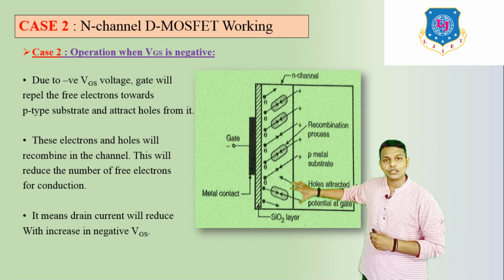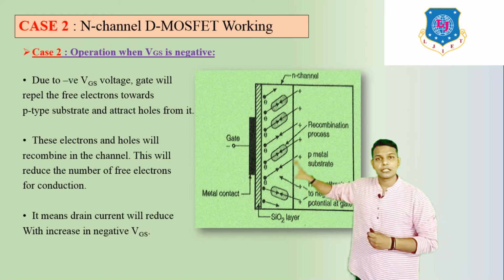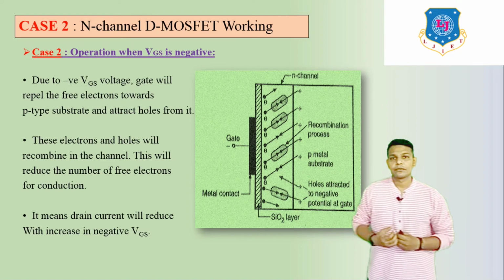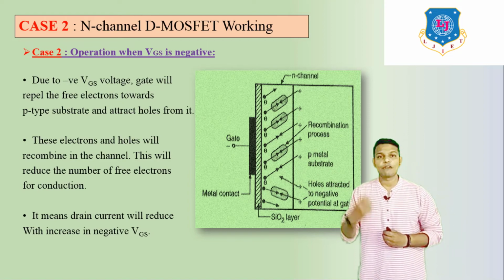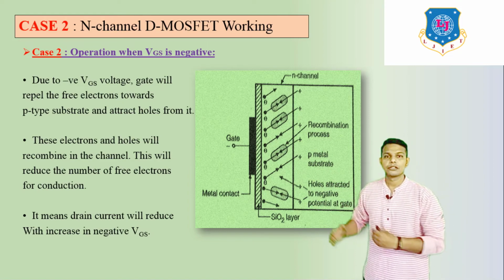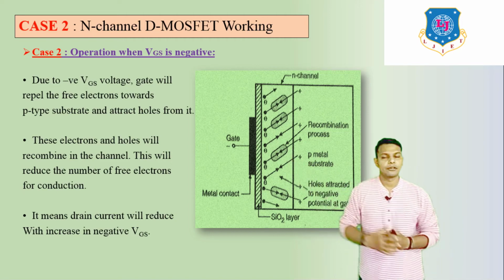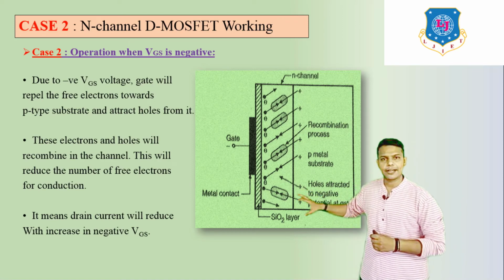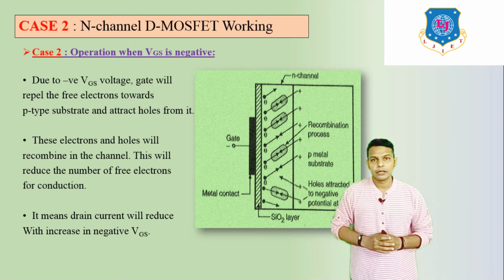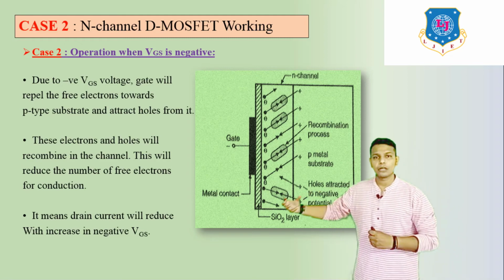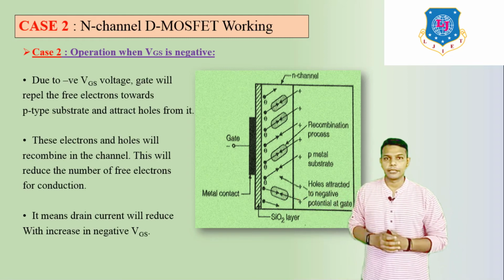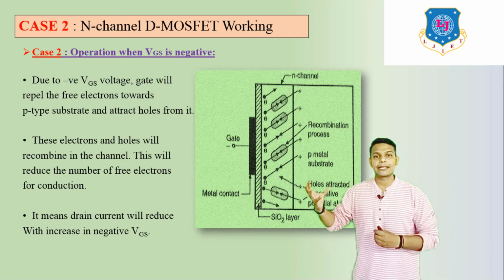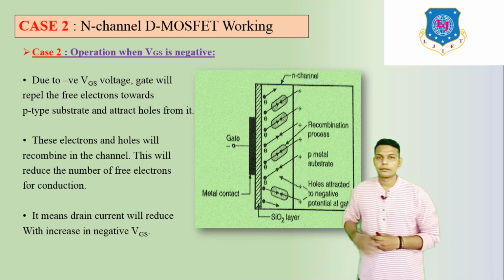That means electrons are busy with these holes and make electron hole pair. So that's why there is a reduction in number of electrons, and due to this the flow of drain current becomes reduced. So for example, if in first case there are number of electrons are 100, if it make a pair with holes, that becomes 50. So due to this 50 electron, the flow of current is comparatively low.